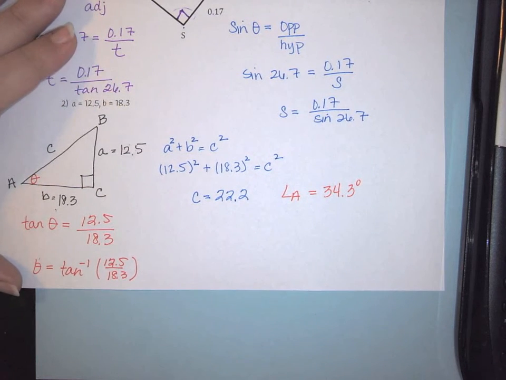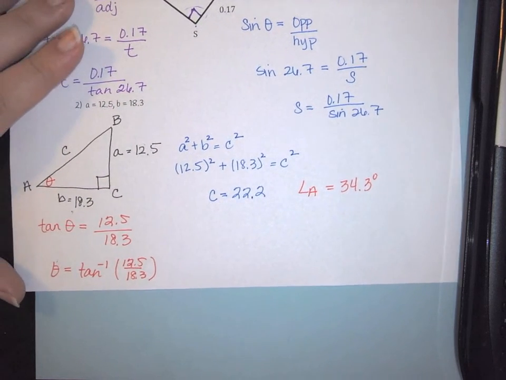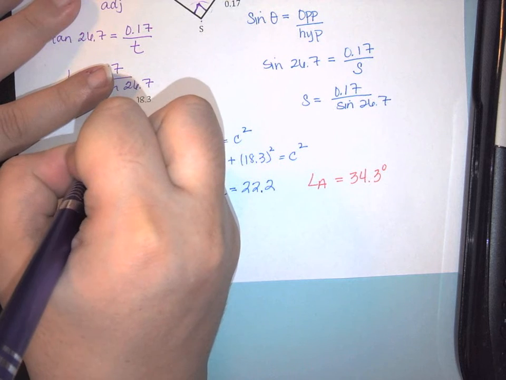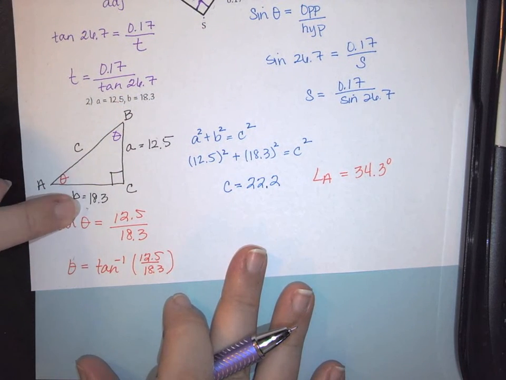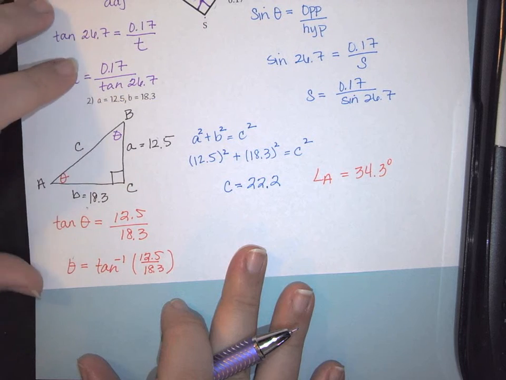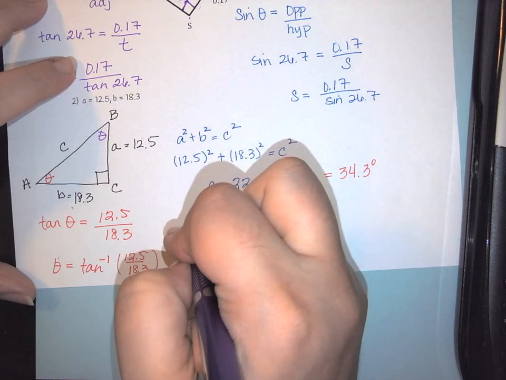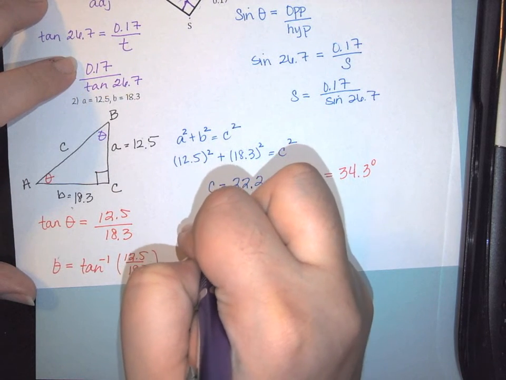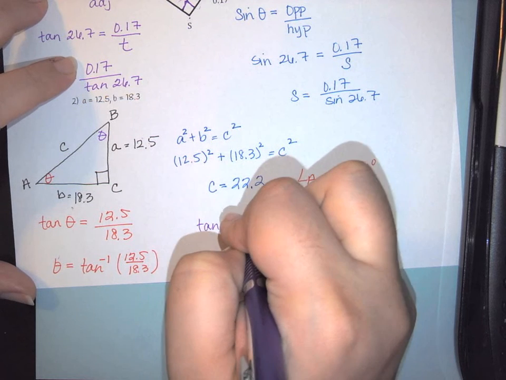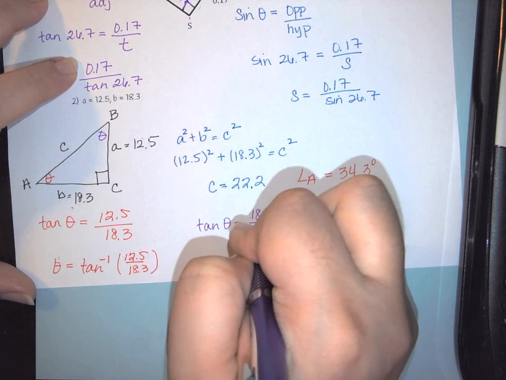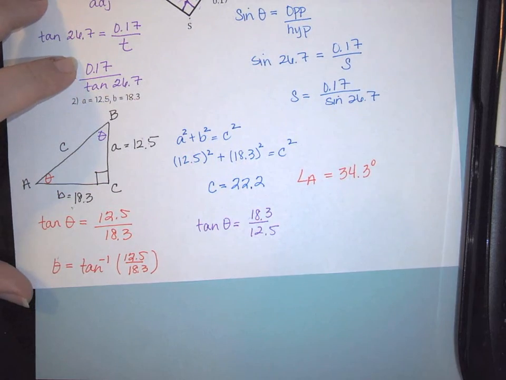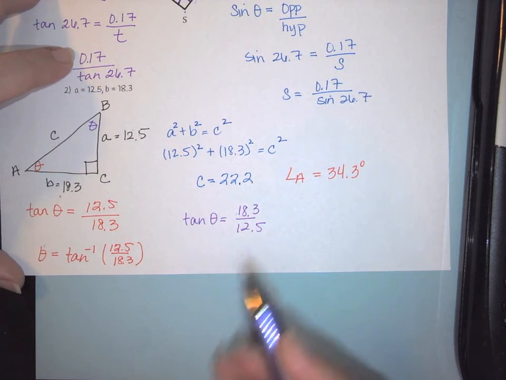Now the other one that we have to find is angle B. So now let's move my theta up here to B, and if we look again, we have opposite over adjacent. So here we once again are going to use the tangent of that theta, and in this case we're going to have 18.3 over 12.5. Well, this is the same as the problem we just did.